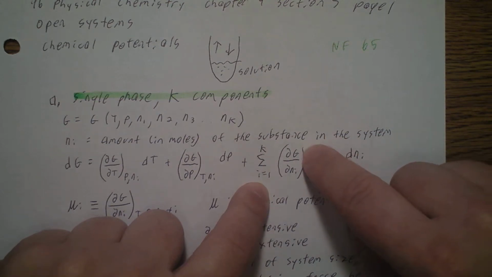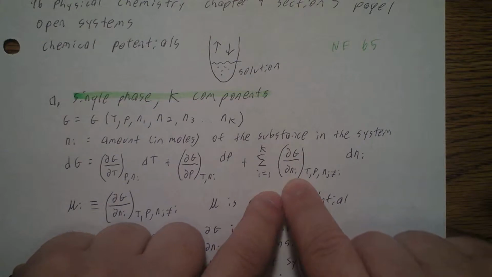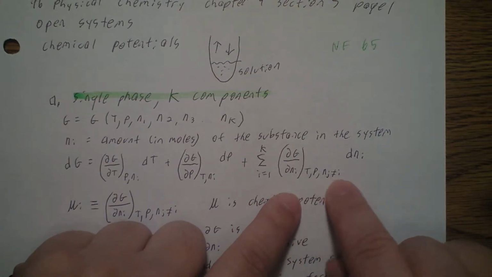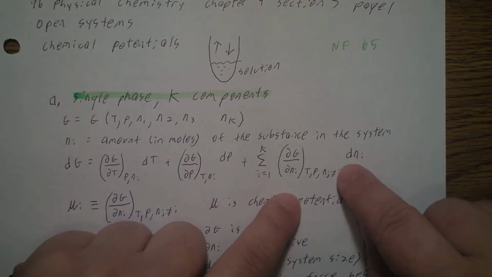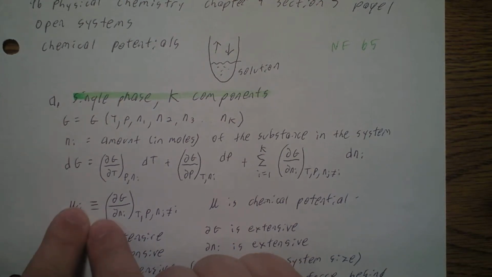We're going to have the partial derivative of Gibbs free energy with respect to the number of moles of that substance i, holding temperature and pressure and all the other substances constant, times the differential of the amount of substance i.